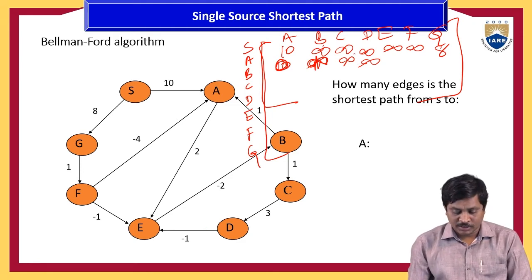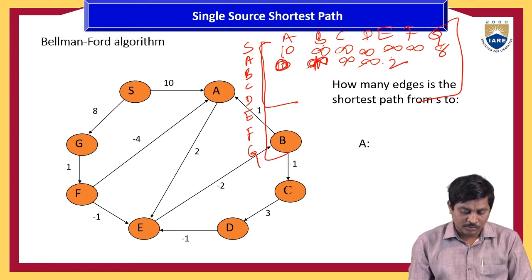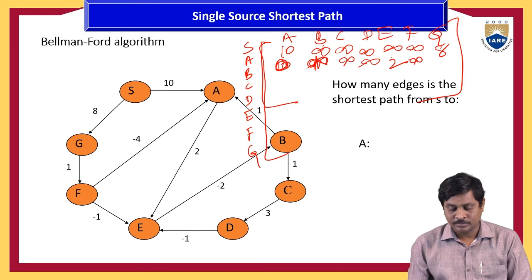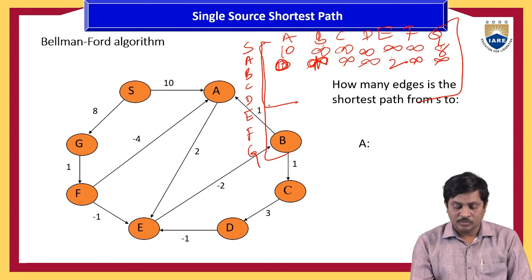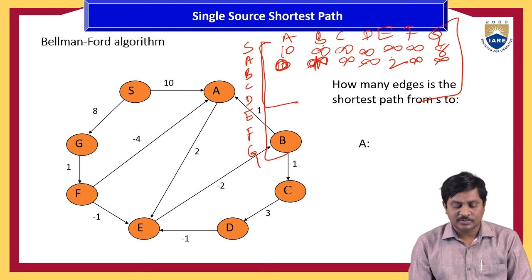A to D there is no direct connection. A to E is 2. A to F there is no direct connection. A to G there is no direct connection. So like this we write this adjacency matrix. So first of all we write the adjacency matrix from the given values.